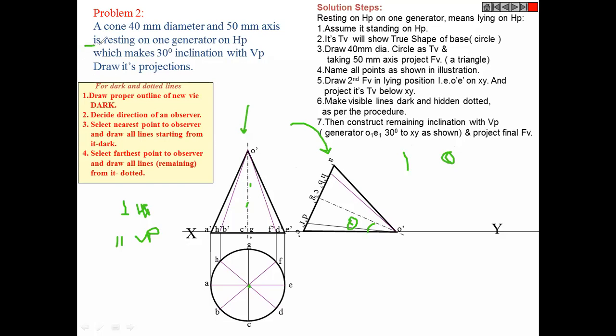Here we are given a description, not a direct inclination with HP, so we need not bother about the angle. But at times you will be asked to find the angle also, whether for the axis or generator or whatever. After reconstructing, measure it and write that down.